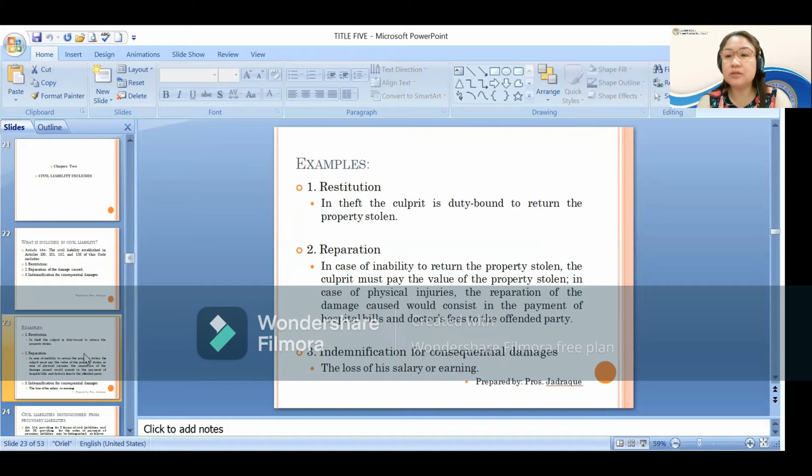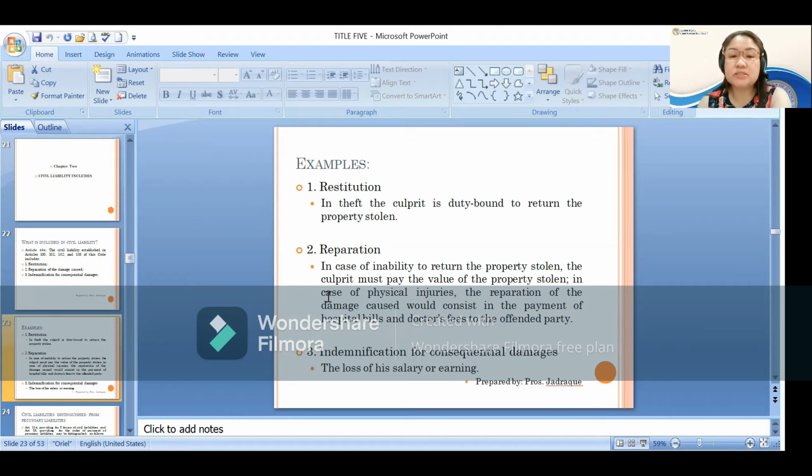For example, so what would be the civil liability now of the offender? You have there the next one, you have the reparation. And when we say reparation, this is available in cases where the return of the property stolen is not possible. The culprit must pay the value of the property stolen that is for theft.